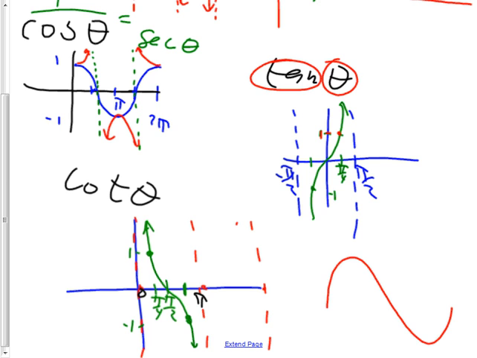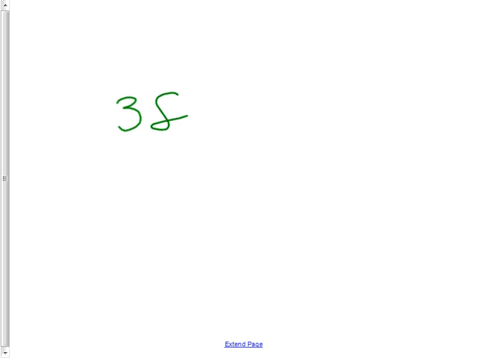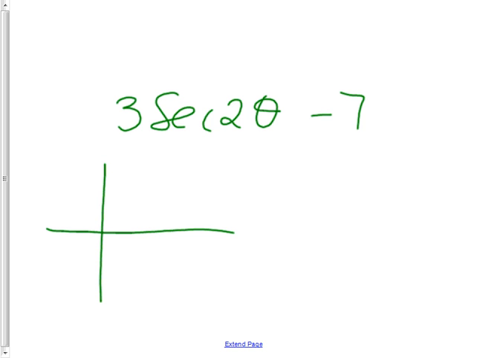We could say, I want you to do 3 secant of 2 theta minus 7. You'd have to be able to graph that. I'm not going to ask you to do it right this second, but what would be the A term? 3. And it's an amplitude, but when you're talking about cosecant, secant, it rides in the back of cosine.